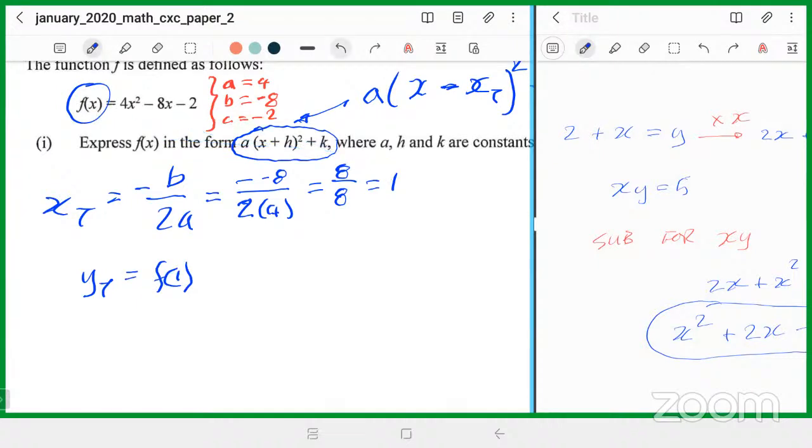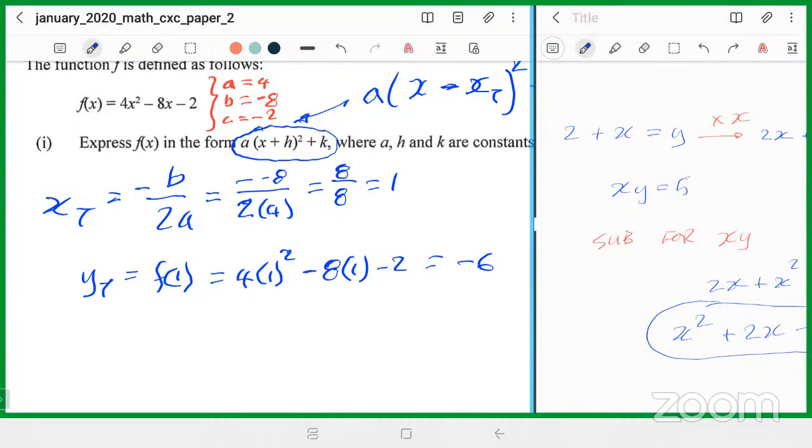This works out to be 4 times 1 squared minus 8 times 1, putting the 1 in for x, minus 2. Now, this is 4 minus 8, which is negative 4, and then negative 2 more makes negative 6.